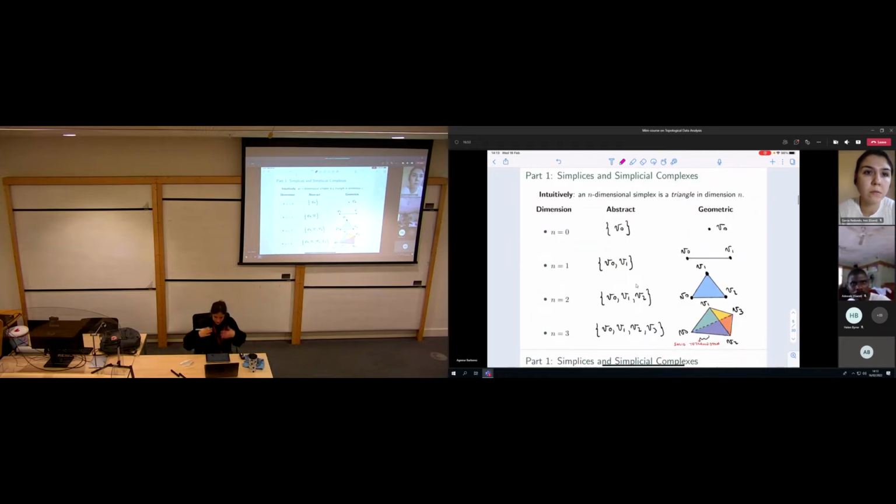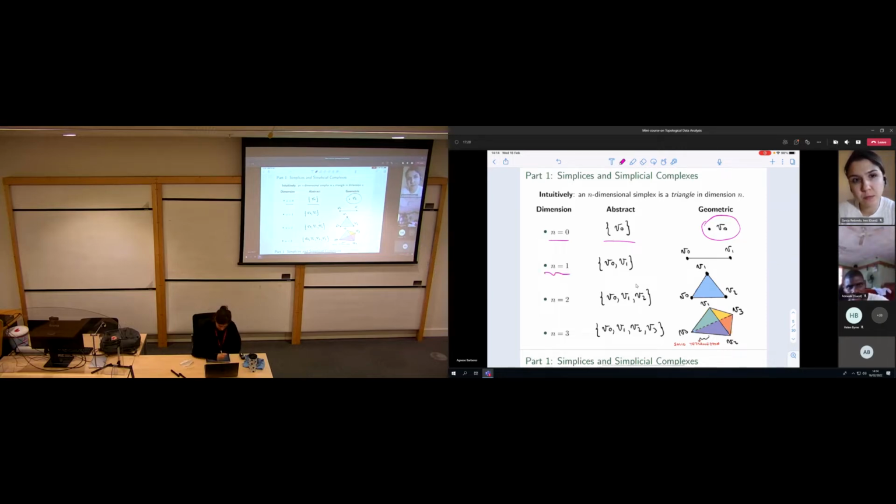This is just a schematic for what an n-dimensional simplex is for dimension 0 to 3. In dimension 0, an abstract 0 simplex is just going to be the set of a unique element, or geometrically a point.